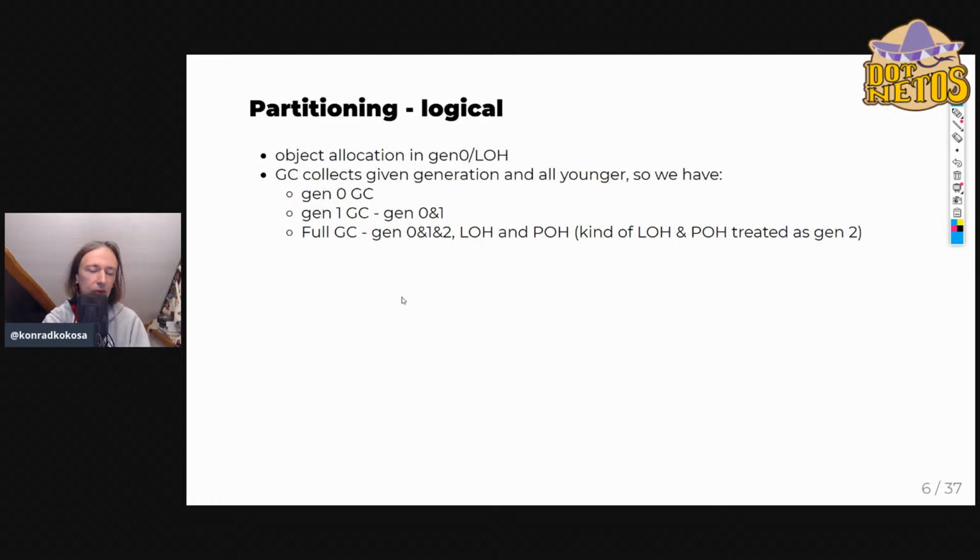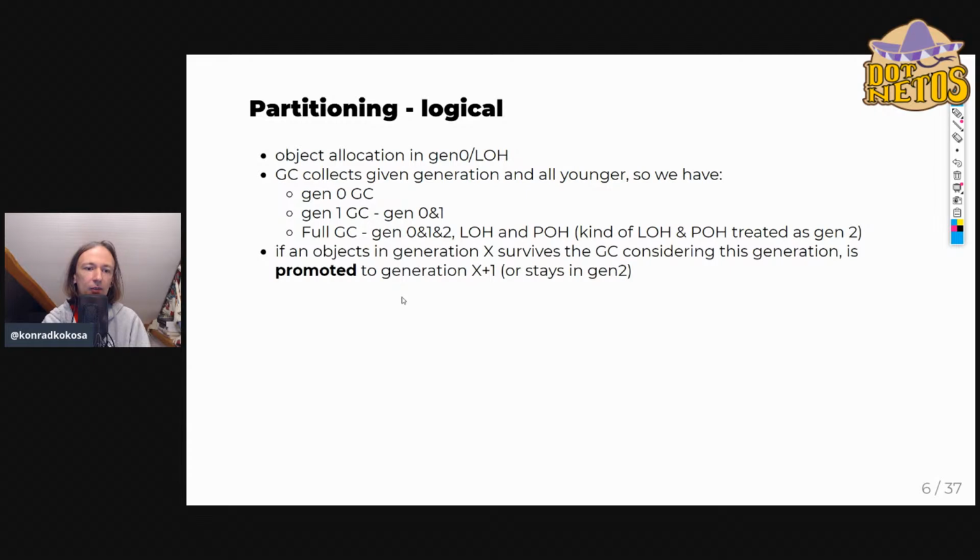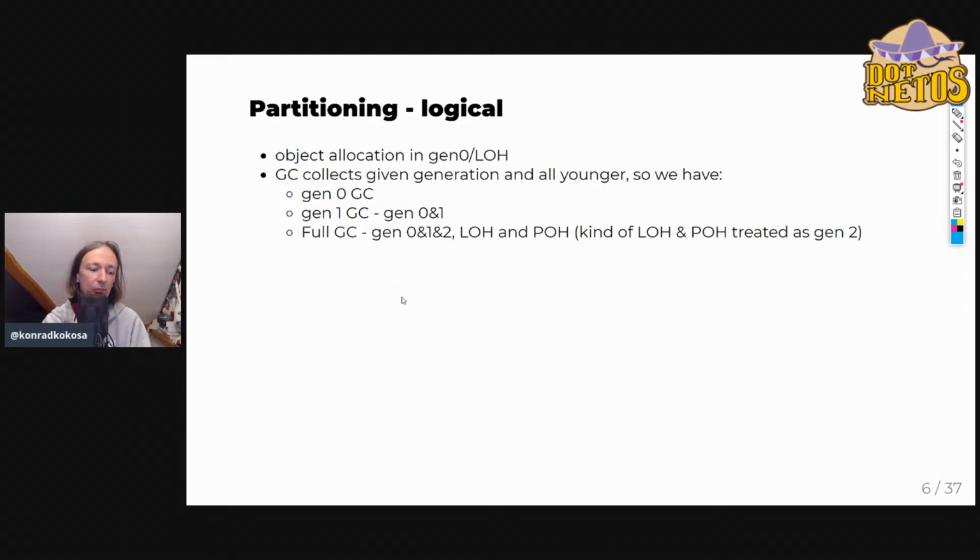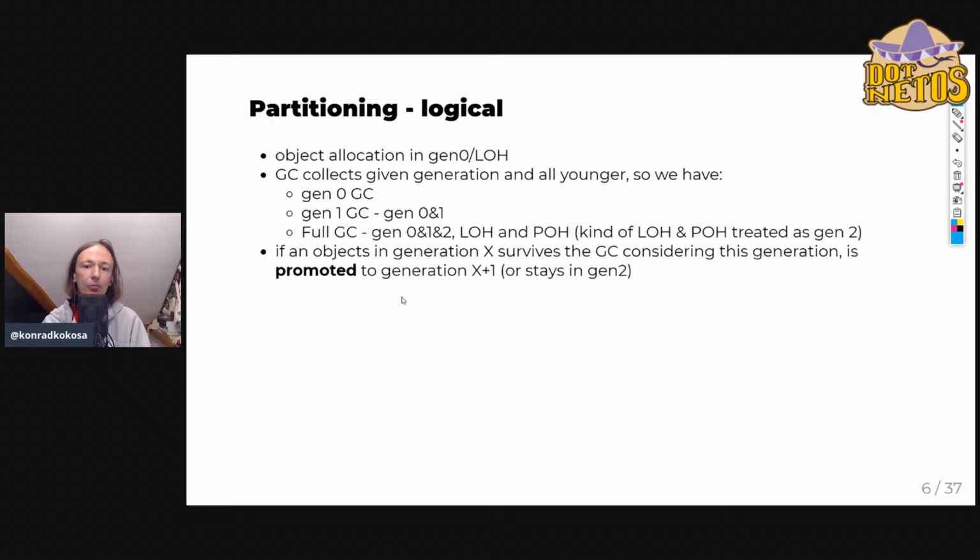Okay, so we have these 3 possible GCs available, and then we have this important promotion concept. If we consider Gen 0 GC, for example, and an object in Gen 0 survives, we say that it will be promoted to Gen 1.